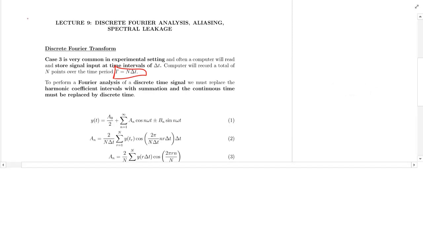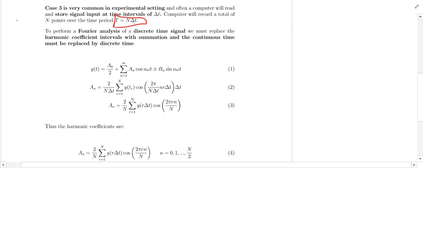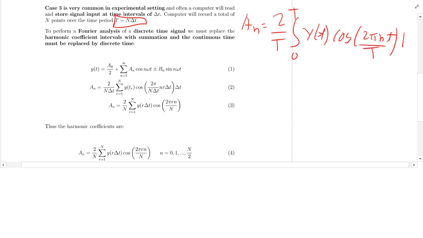When we had our continuous Fourier transform, we could calculate a sub n as 2 over T, integral from 0 to T, of y of t, cosine of 2 pi n t over T, dt. We could take the integral because we knew the functional form of y of t, whether it was 10x or 5 or whatever. With a discrete Fourier transform, we do not know that.